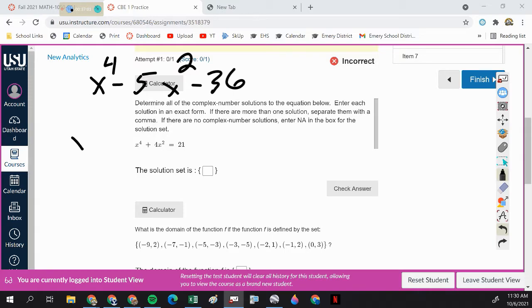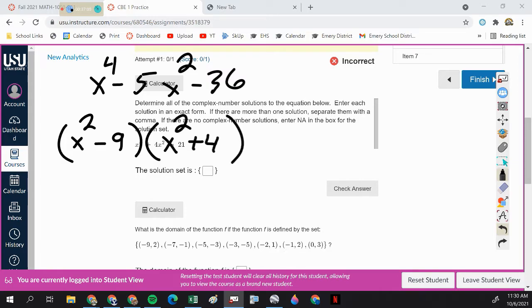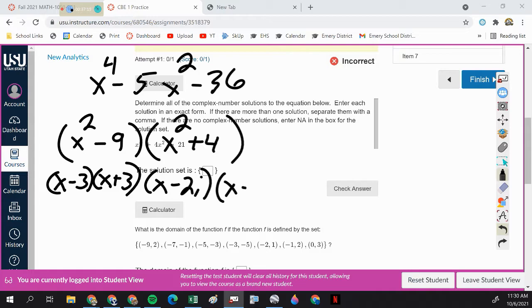So that's going to be x squared minus 9 and x squared plus 4. Everybody follow? x minus 3, x plus 3, x minus 2i, x plus 2i. Did that one make more sense?